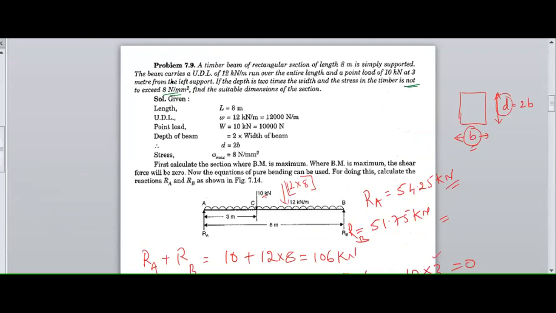That is the bending stress; the units Newton per mm square are stress units. So the stress should not exceed 8 Newton per mm square.